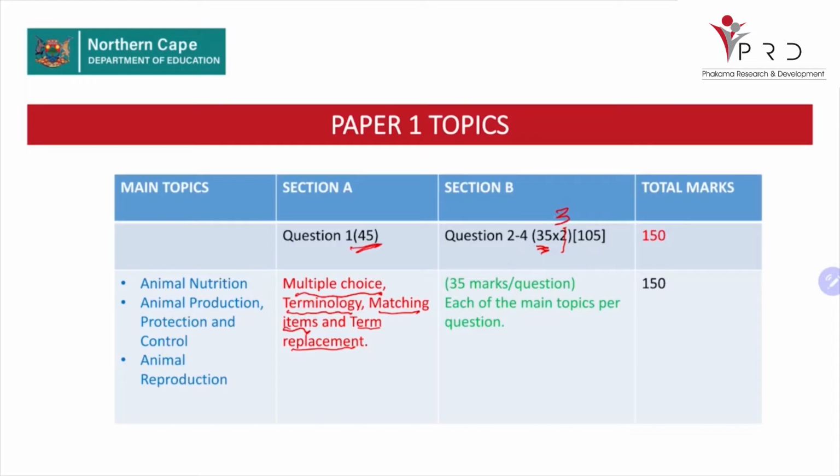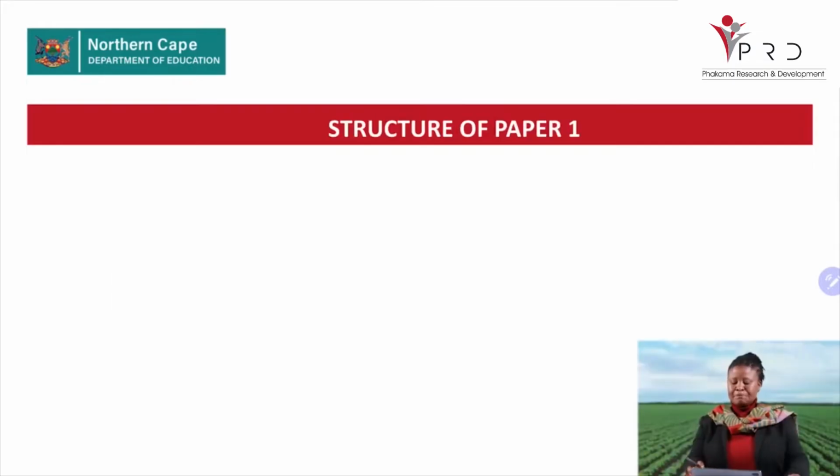Question 2 is out of 35 marks, question 3 is out of 35 marks, and question 4 is out of 35 marks, which means in total section B is out of 105 marks. When you add section B to section A, it gives you 150 marks, which tells you that when you write your paper 1, you are writing for 150 marks. Let's check the next slide.